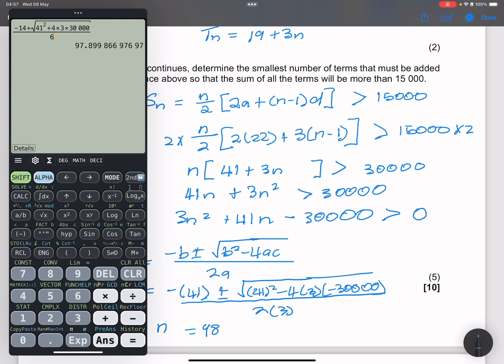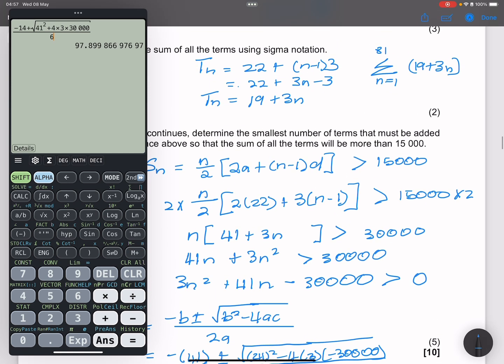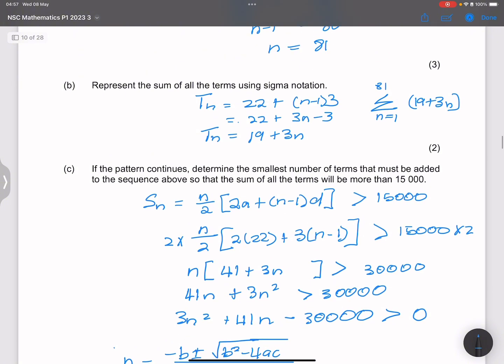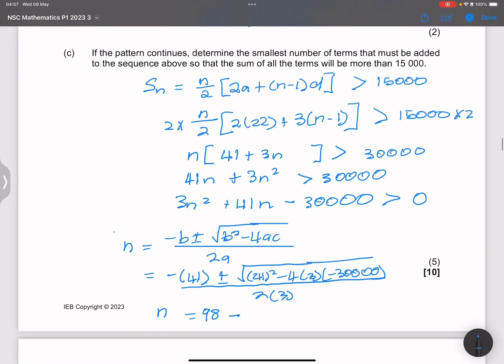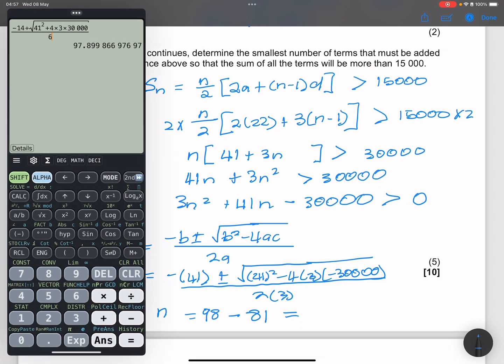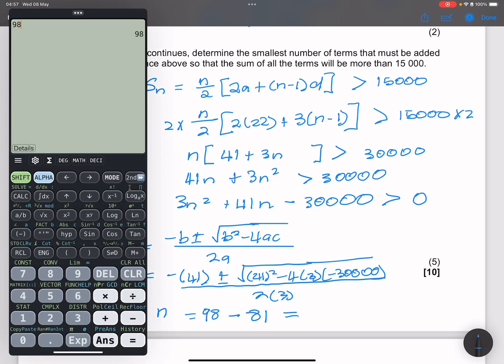So if we take 98 terms, definitely we'll get a sum less than 15,000, right? But remember, we must still subtract the number of terms that we had initially, which were 81. So I'm going to say 98 minus 81, and that will give me 17 terms. So we must add 17 more terms.